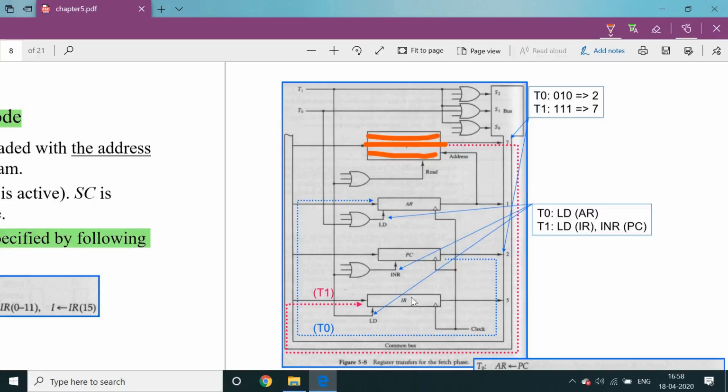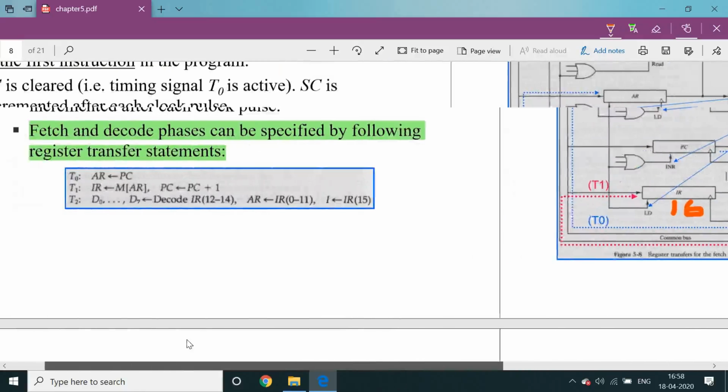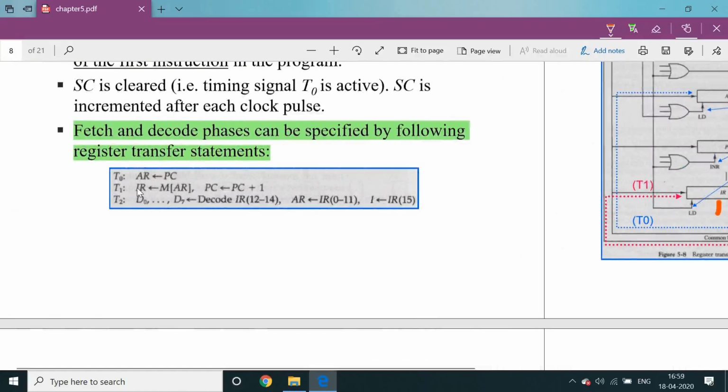It is loaded into the instruction register, because the instruction register size is 16-bit length. Word size is 16-bit, and the same word is transferred to the IR register. That means load memory to register, so a load operation will be performed. Load IR, from memory location, that is the operation.